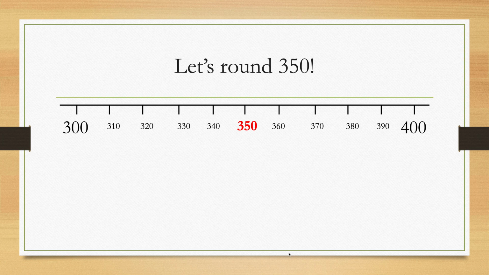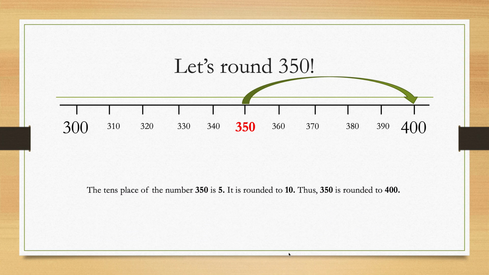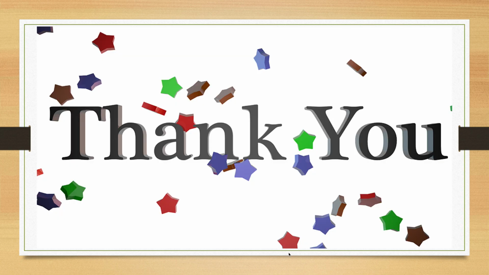Where is it rounded? Yes, it is rounded to 400 because 5 is rounded to 10, which is the tens place of 350. And if it is rounded to the greater 10, then the whole number will be rounded to the greater 100. So the number 350 will be rounded to 400.